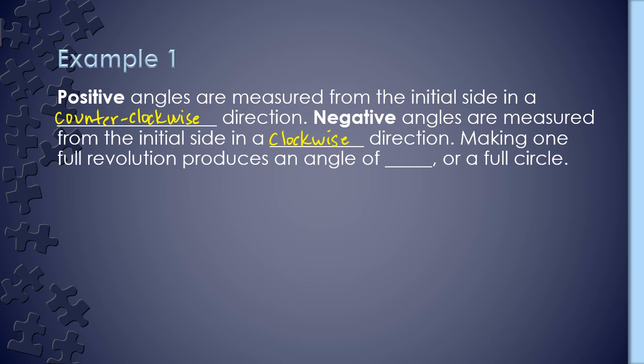If you think about the way that the minute and the hour hand move on a clock, that's what we mean by clockwise direction. The opposite of that would be counterclockwise direction. And making one full revolution around the circle would produce an angle of 360 degrees.